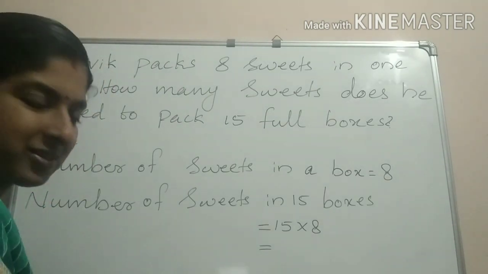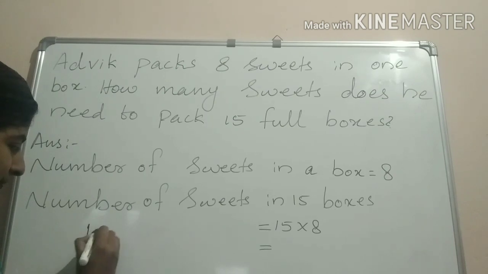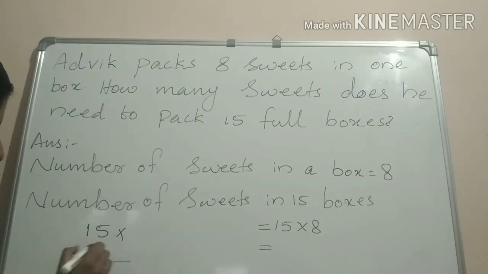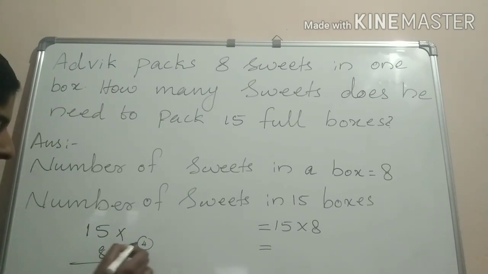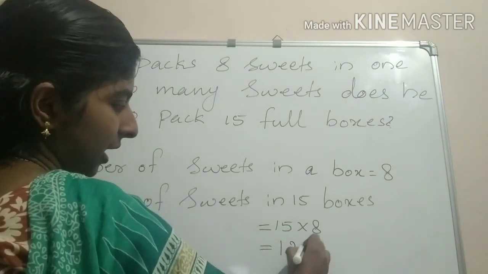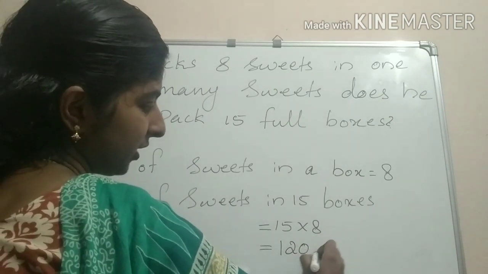What is the answer? 8 5s are 40. 0, 4 is balance. 8 1s are 8. 8 plus 4, 12. 120 is the answer. 120 sweets.